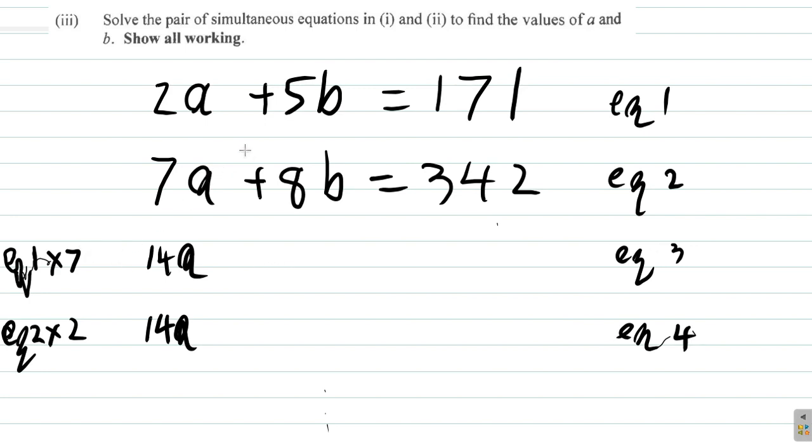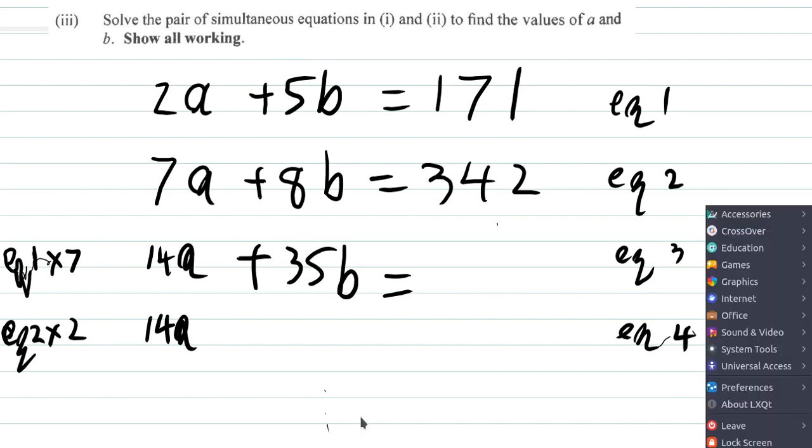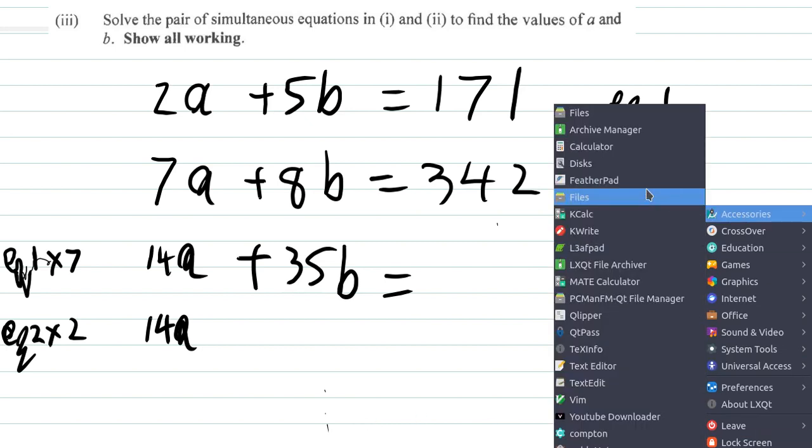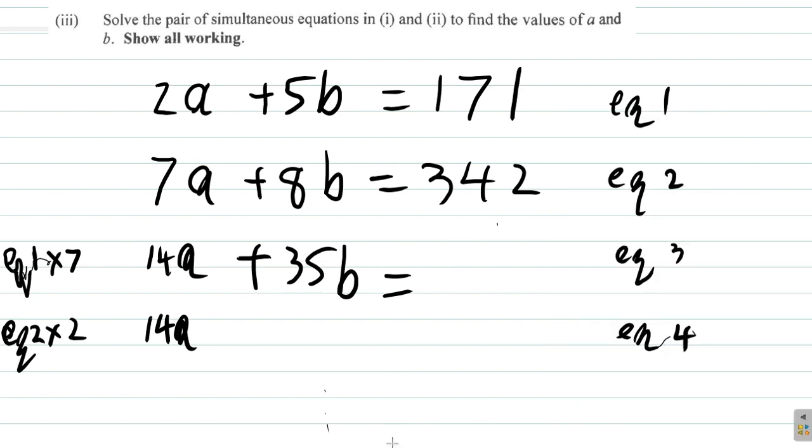Equation 1 by 7. 7 by 2 gives you 14, 14a, plus 7 by 5b gives you 35b equal 7 by 171. Let's just use a calculator to save some amount of time.